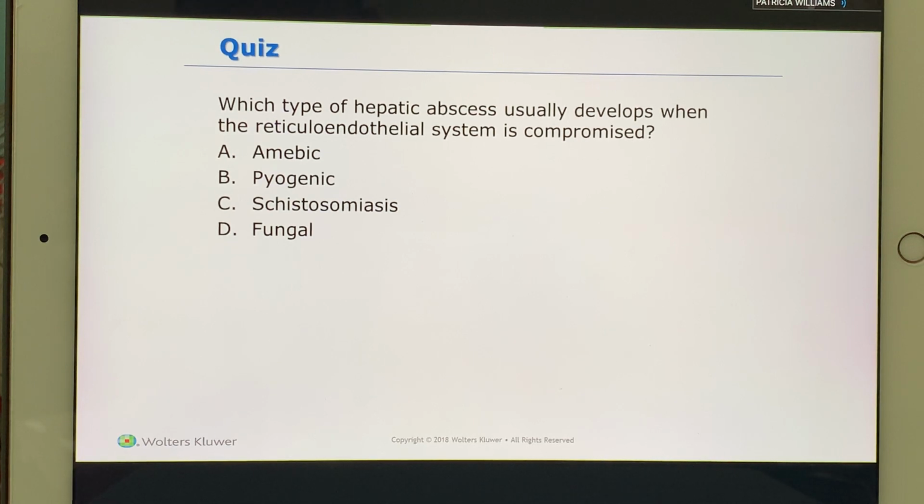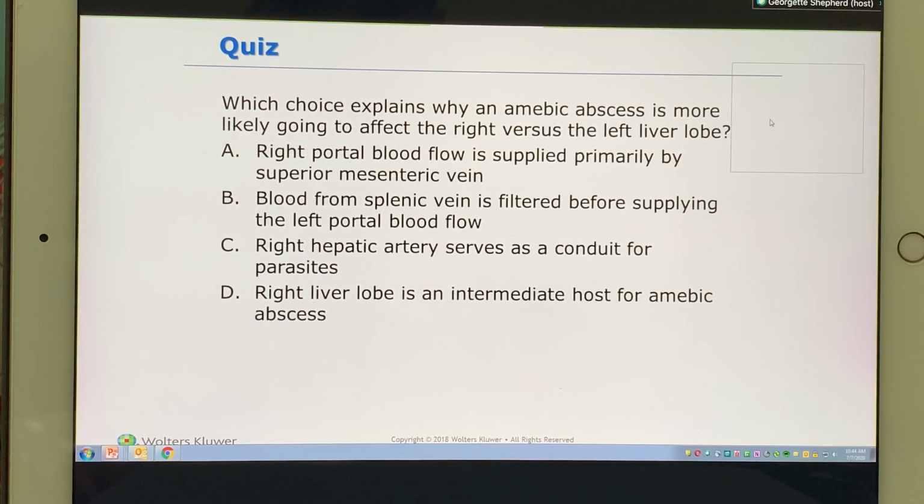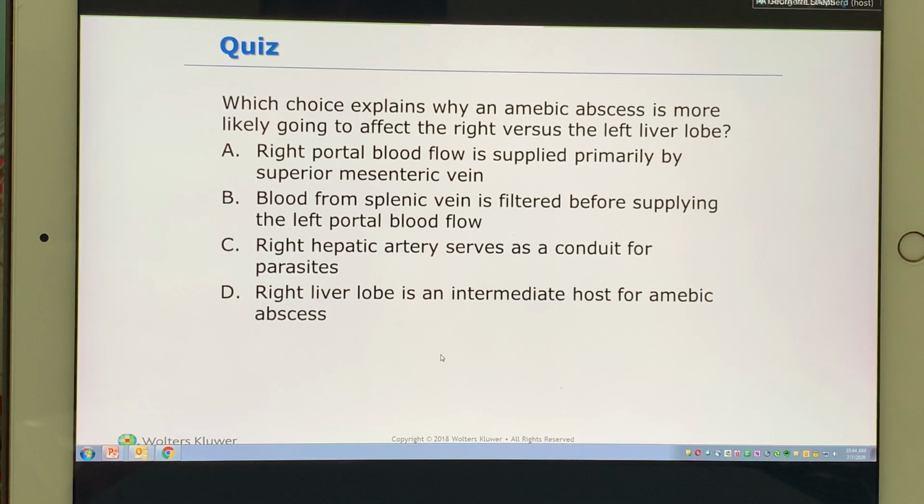Which choice explains why an amoebic abscess is more likely going to affect the right versus the left lobe of the liver? The superior mesenteric vein primarily feeds the right portal.